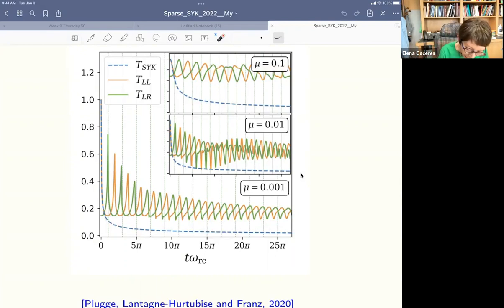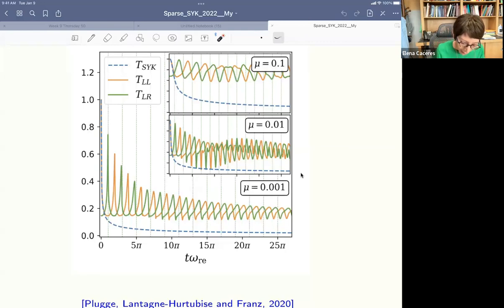What happens at the beginning, let's say you start with left, is that it follows very much the SYK, it decreases, decreases, decreases. But then all of a sudden the green, which started at 0, has a spike. And then they start oscillating. That spike means that it had traversed to the other side. The characteristic of these is that when the left is at peak, the right is at the bottom, and they just exchange like this.